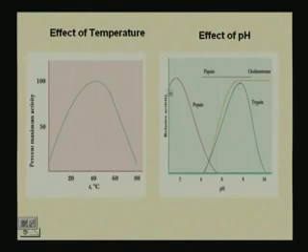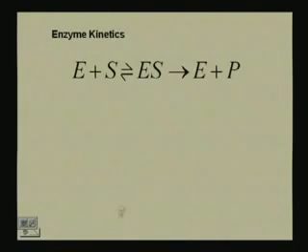Pepsin acts in the stomach where there is a high level of acidity. Okay, so the effect of pH on its optimum activity is at a pH of 2. In this case, for example, trypsin, the optimum pH activity is around a pH of 7. Okay, that is the normal case that we would observe.